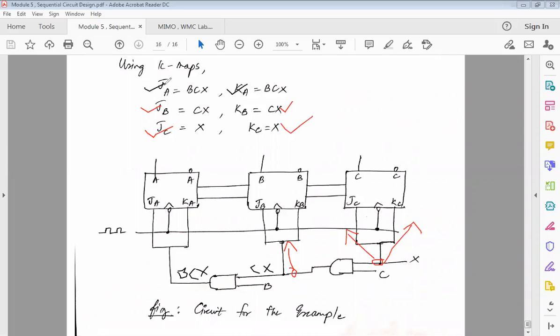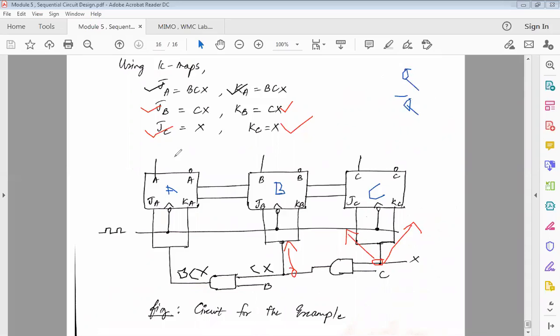Now we have done only the J and K values. So ultimately, this is my flip-flop A, flip-flop B and flip-flop C. Each will have its own outputs, true and complemented value. You can mention anything as your output here, but I am mentioning it as A bar, B bar, C bar, just like how you have Q and Q bar as your outputs.